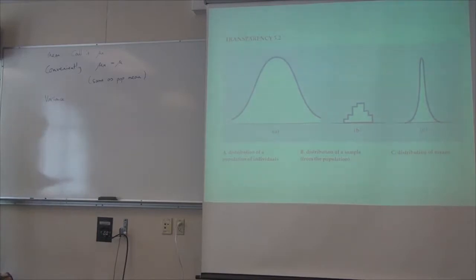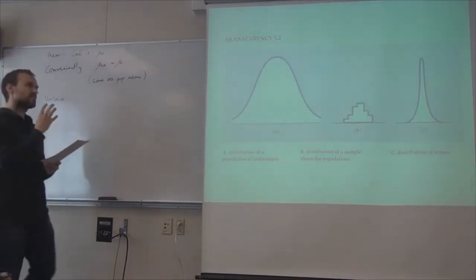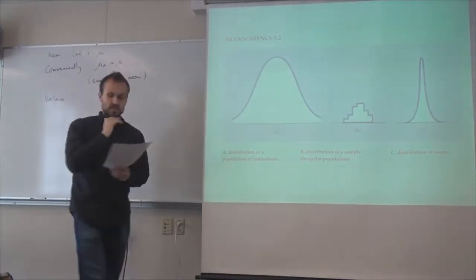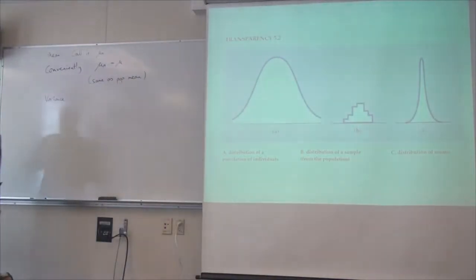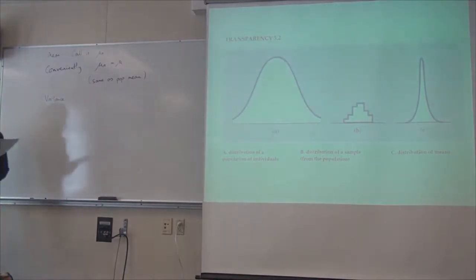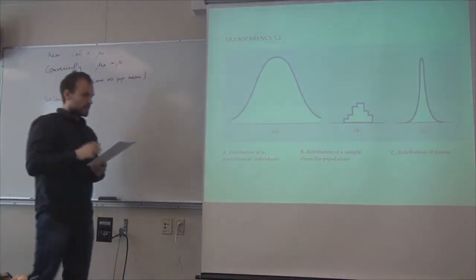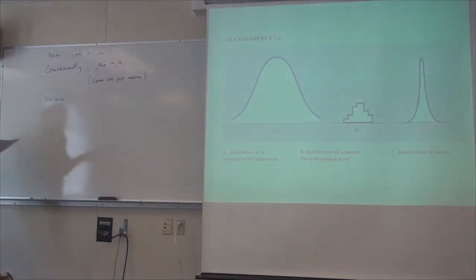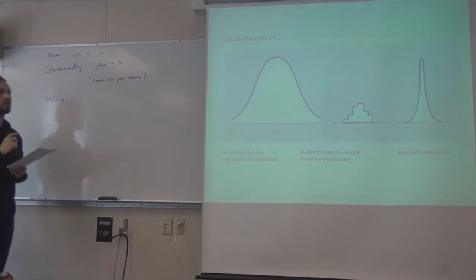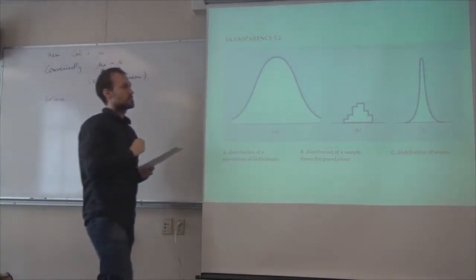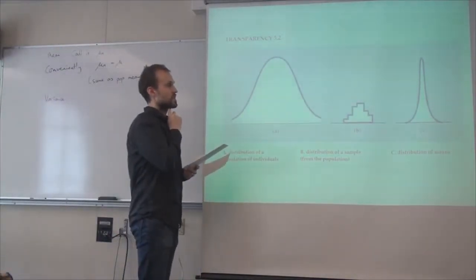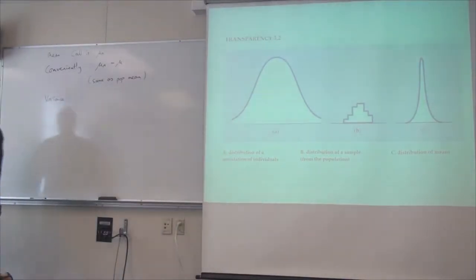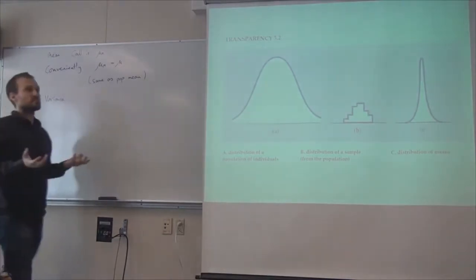So let's at least try to get a little intuition for why I claim that the variance is going to be less. When I take a sample of 2 or more individuals, the variance is going to be smaller than if I just take one individual. And the more I take, I'm not going to see a lot of extreme values.